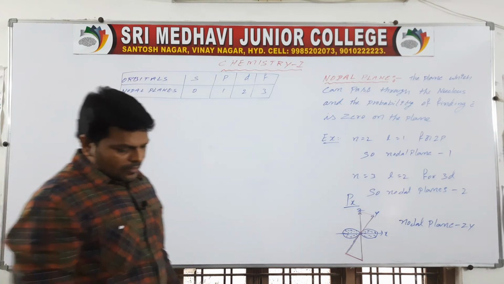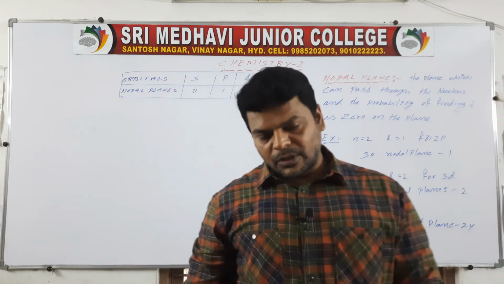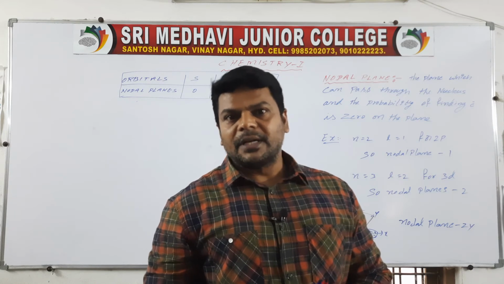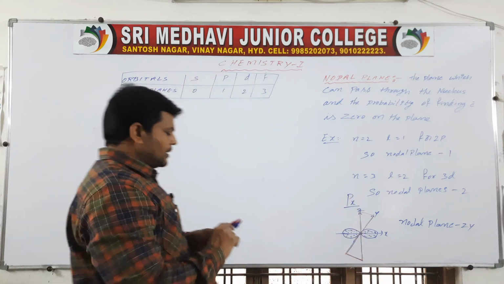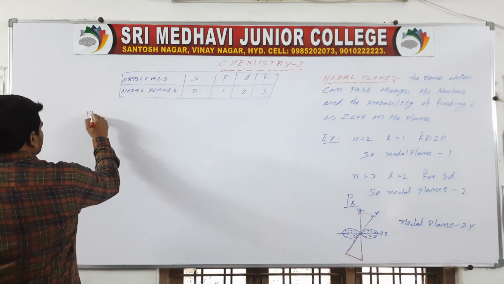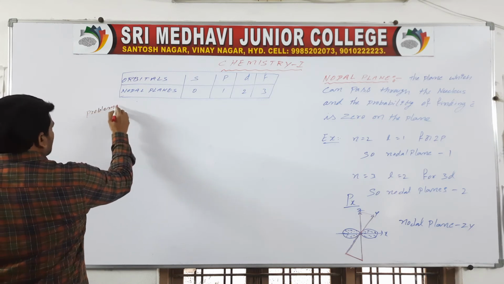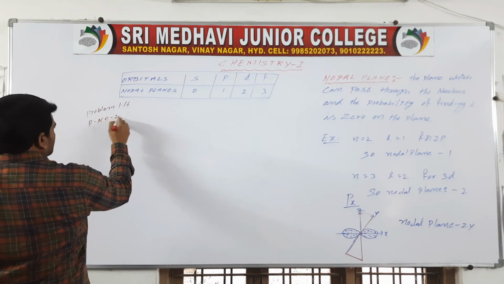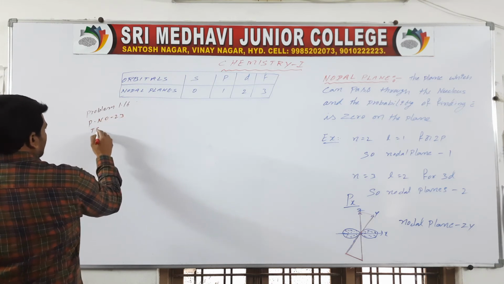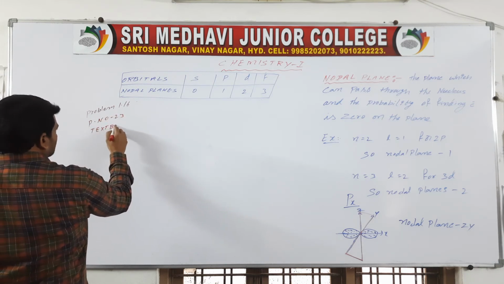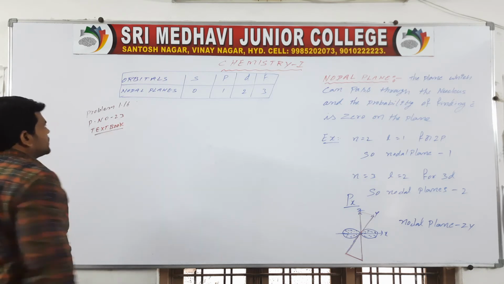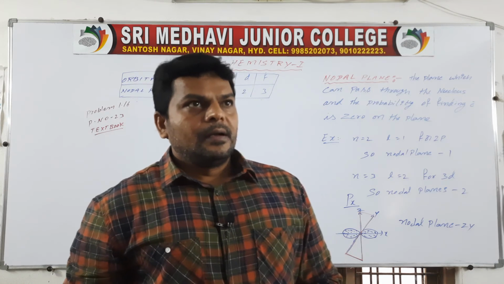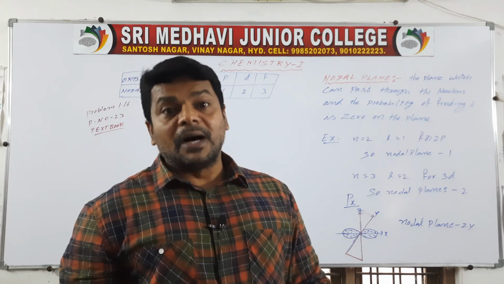Okay, then one problem we have to solve. The problem is given in textbook, so you have to copy from textbook. Problem 1.16, page number 23 in textbook. So what is the given problem? Mass of a golf ball is given.